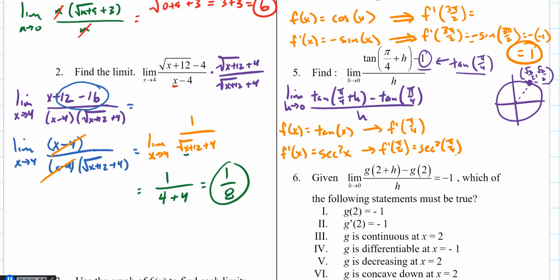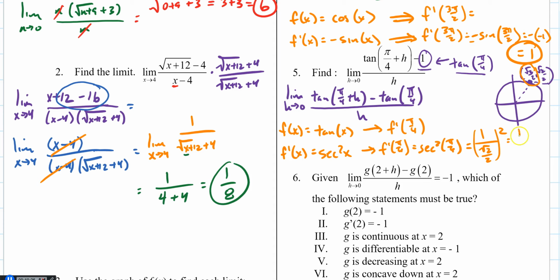Well, secant squared is going to be the reciprocal of cosine squared. Well, cosine is rad 2 over 2. So I have 1 over rad 2 over 2, that whole thing squared.